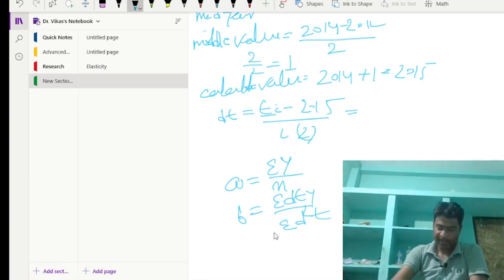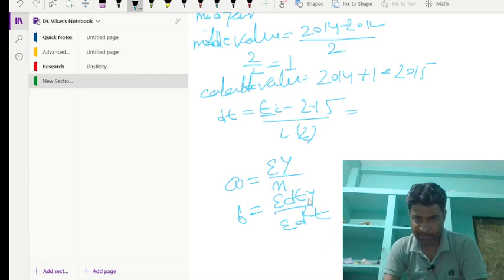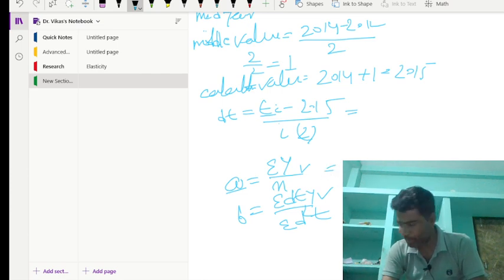The B coefficient will be calculated by using this formula, and the A, that is the intercept, will be calculated by using this formula.